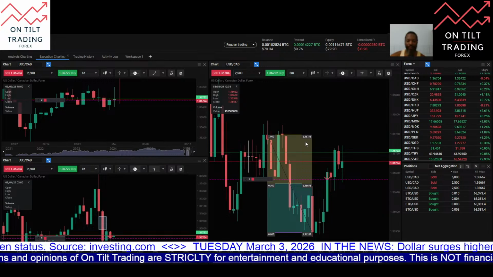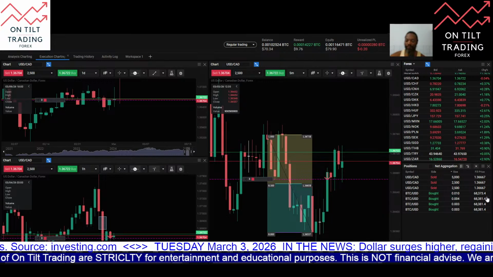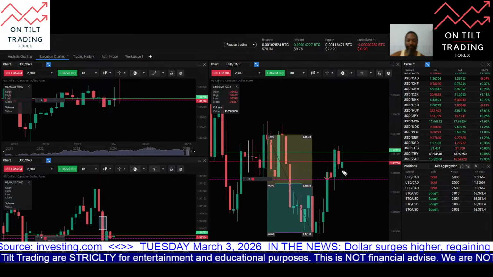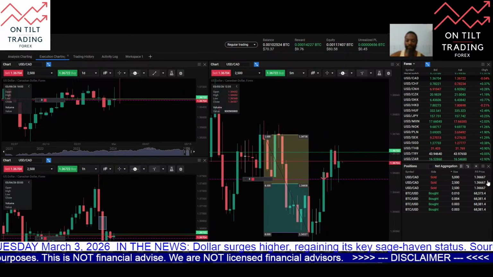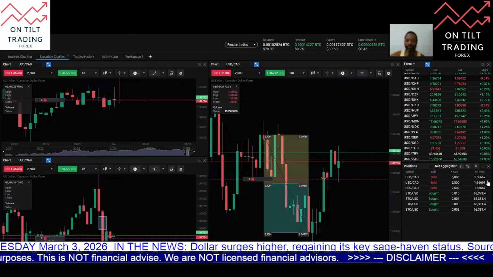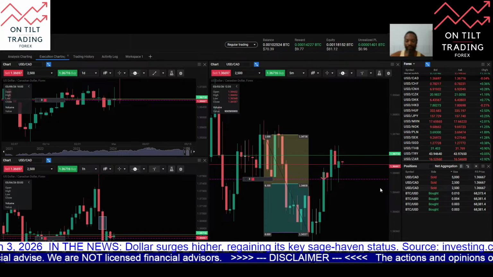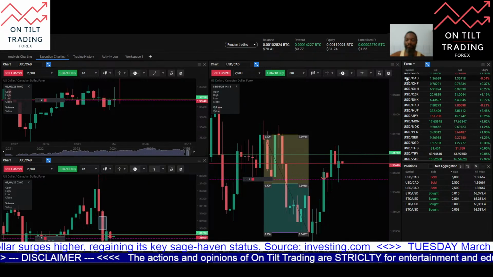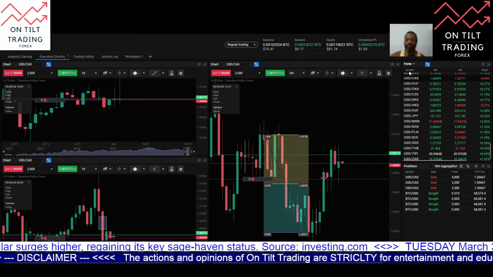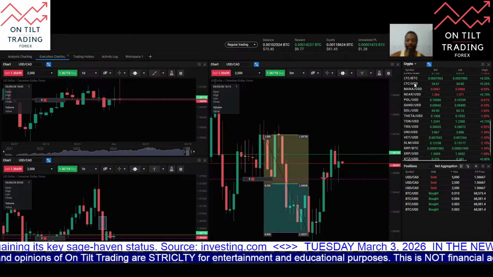Price now trading on the lower end of this fair value gap. And new 5-minute candle. Price showing some sell side delivery here initially.